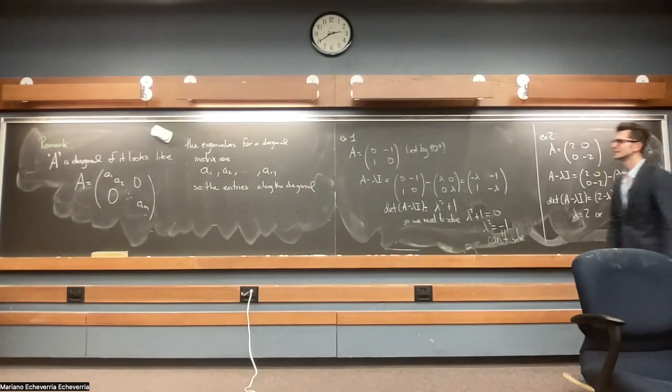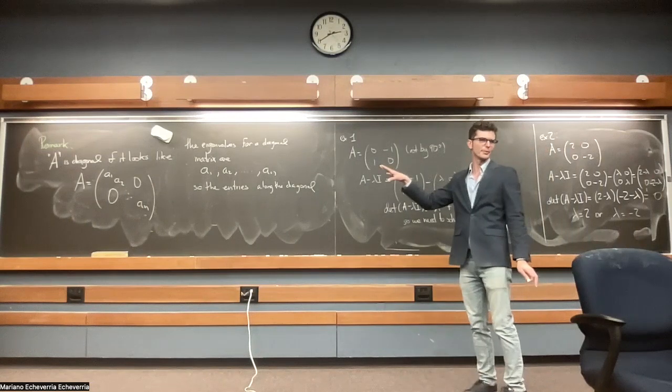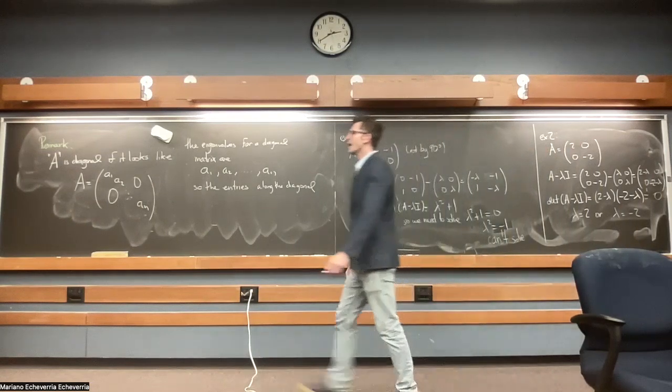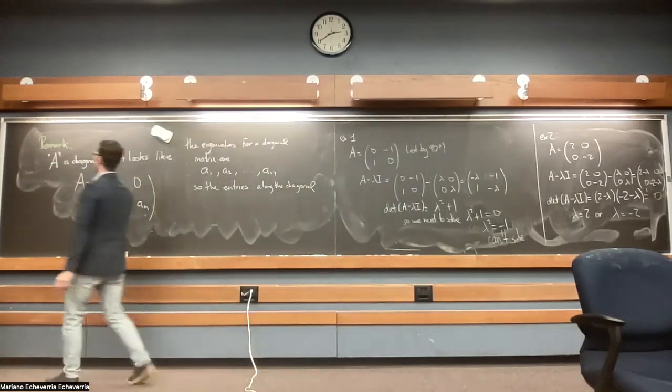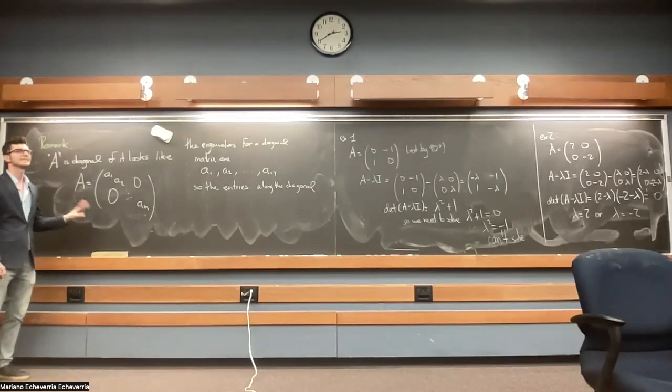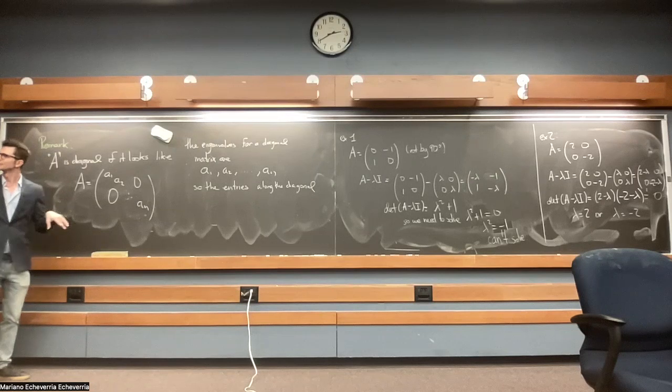So this is an example where you can very easily compute the eigenvalues regardless of the size of the matrix, the diagonal case. Next week, maybe, we'll see that the next best thing to being diagonal is being diagonalizable, and you'll see what that means.